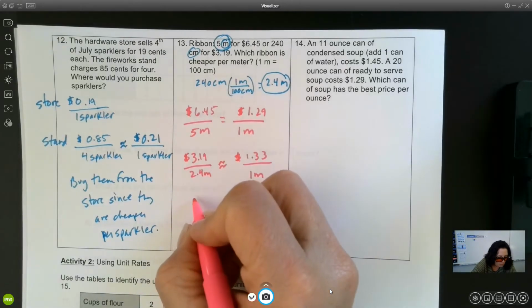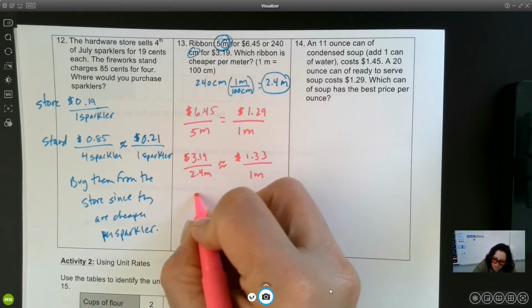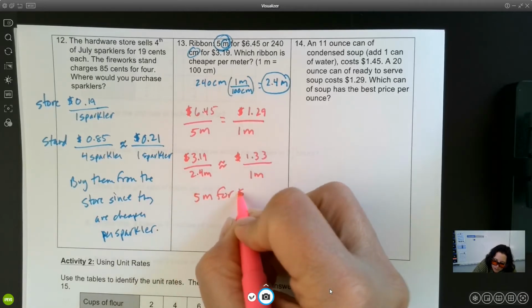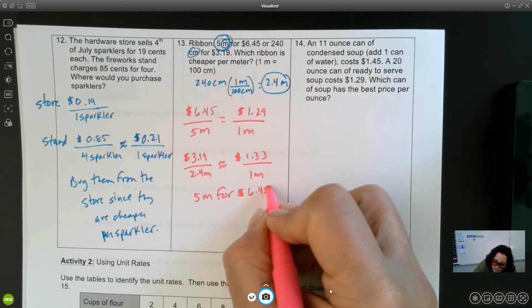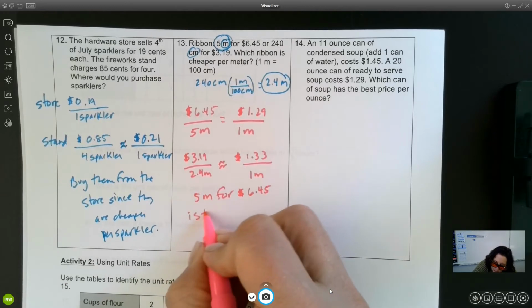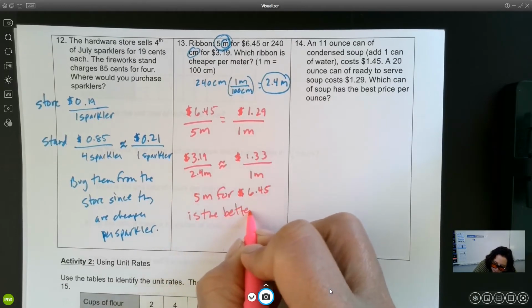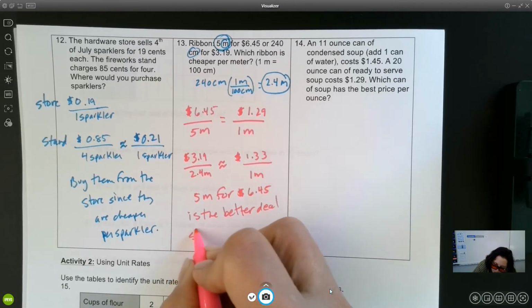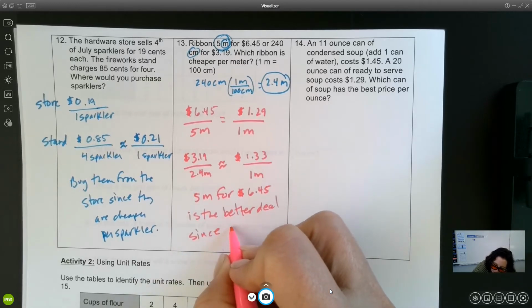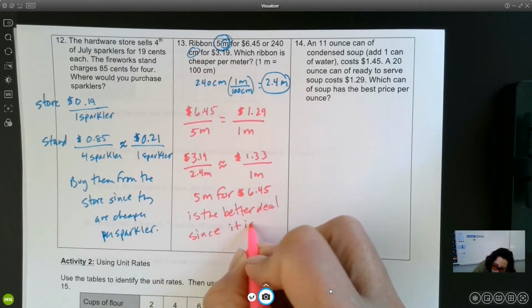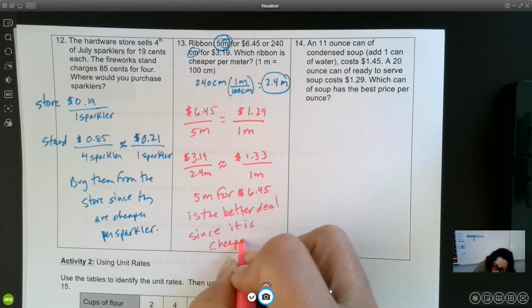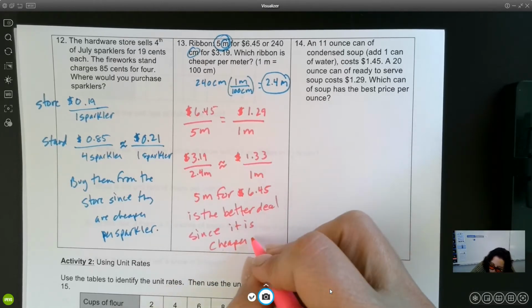Okay, so 5 meters for $6.45 is the better deal, since it is cheaper per meter.